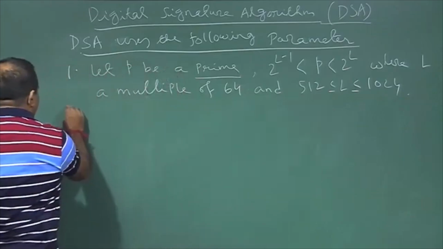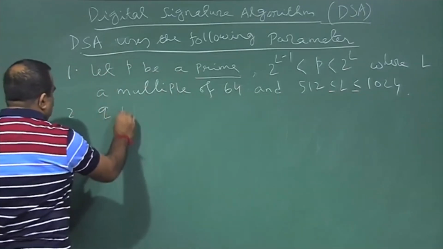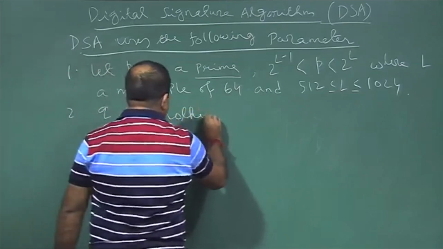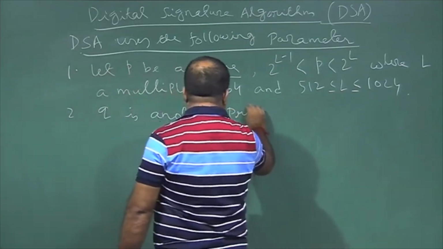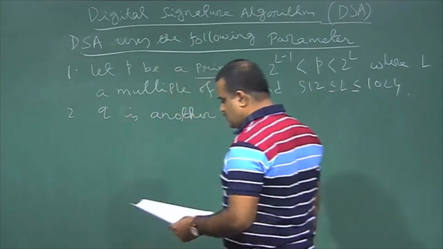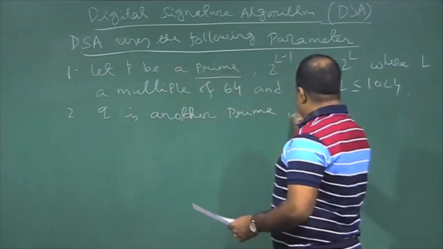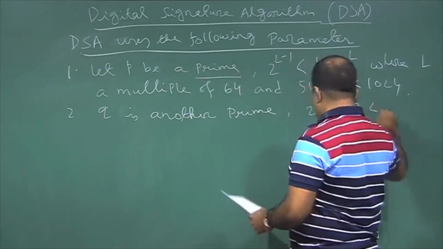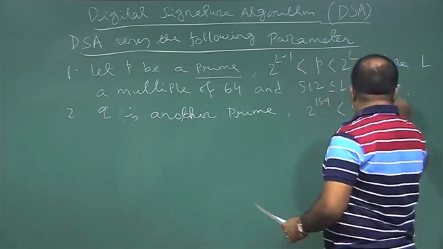Now we choose another prime q. For q also we have a range: 2 to the power 159 less than q less than 2 to the power 160.